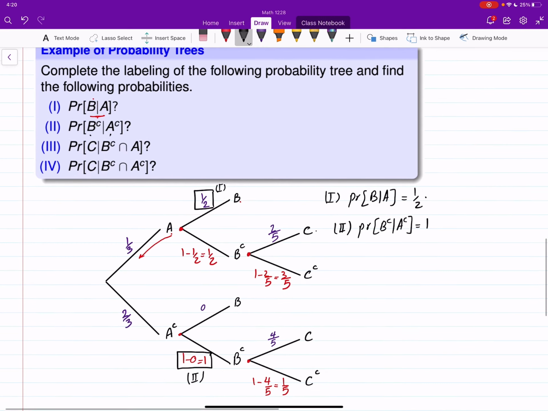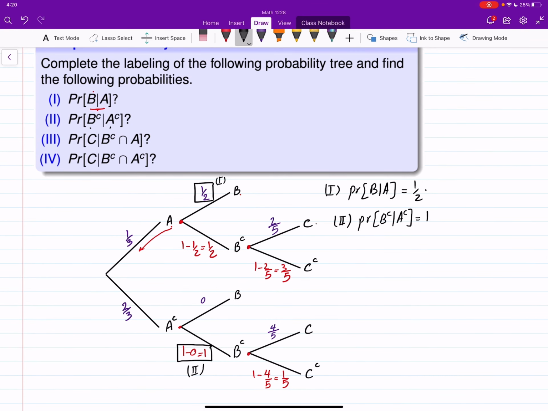Yes. How about C knowing B complement and A? So this gives me the endpoint. There are two endpoints C, but this says which one we have to fix: B complement intersect A. It means that the path from the starting node of that edge to the root should contain exactly B complement and A. So in this case, C is here, and you see that there is B complement here and A here. So that is the path.